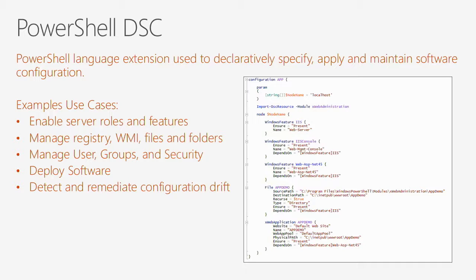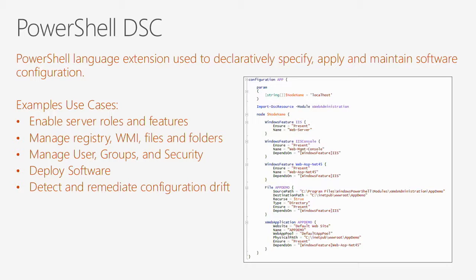Desired State Configuration takes care of all of that. Oh, well, you said make sure it exists, and it does, so I don't need to do anything. Or you said create this file, and it's not there, so I'm going to go ahead and create it for you. So it's a way to declaratively model how you want a system to be configured without having to write all the code yourself.